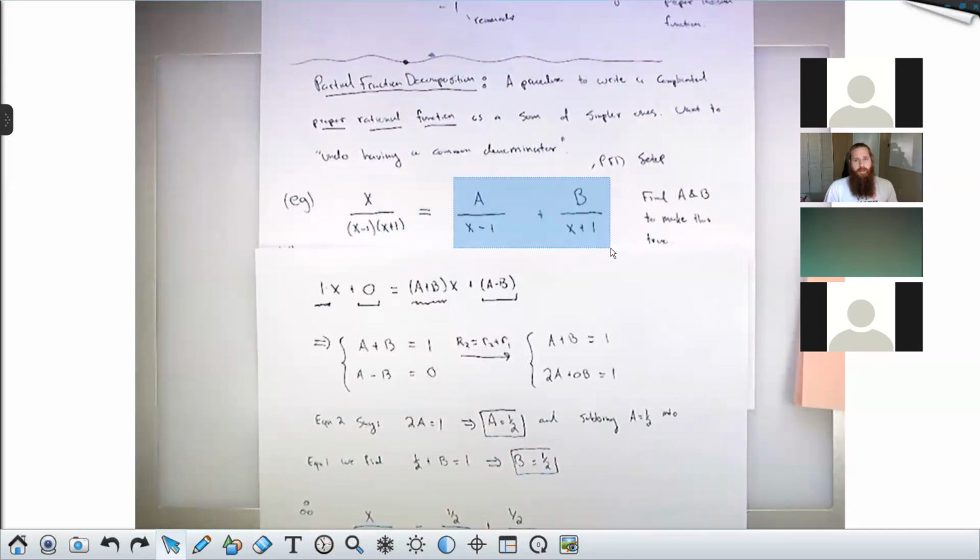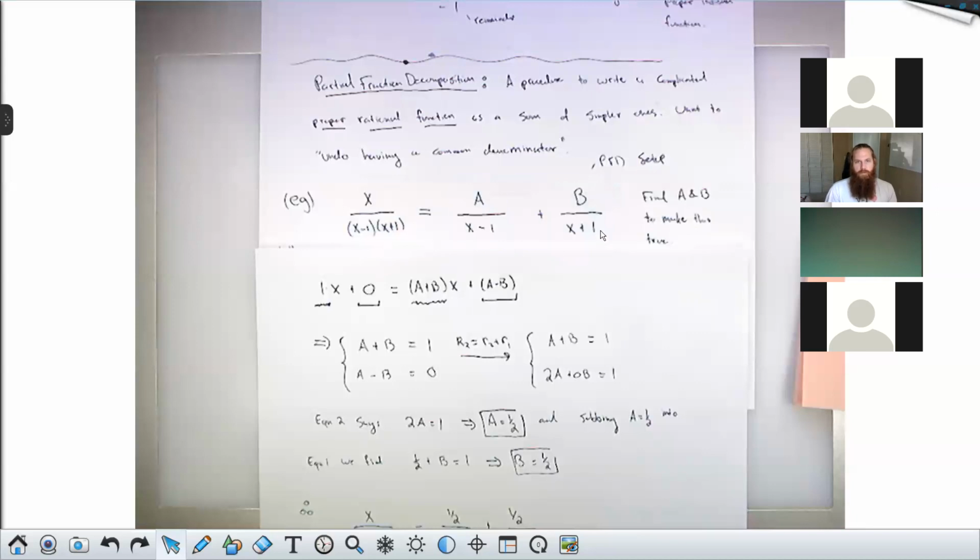And your PFD setup is determined by the shape of the denominator. So because I just had this x minus 1 factor, I had this term in my PFD setup. Because the denominator had this x plus 1 factor, I had this term in my PFD setup.